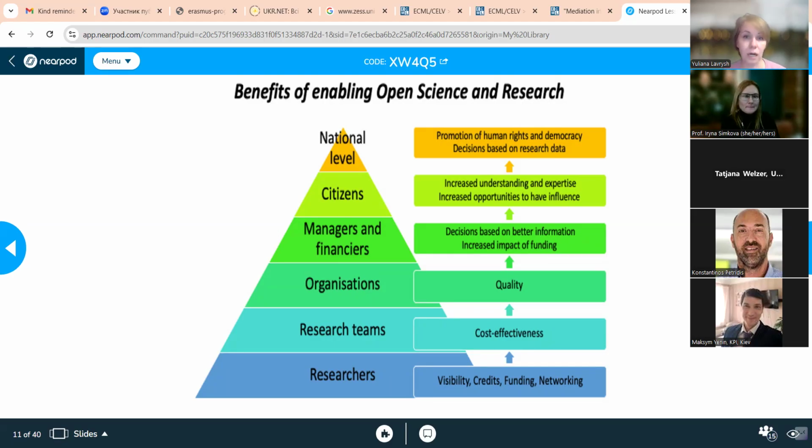In this case, I will save my money. It's just an example of one person, but it can be done on the level of a country or institution or university. And the economic benefit of open science is also rather clear in this regard.